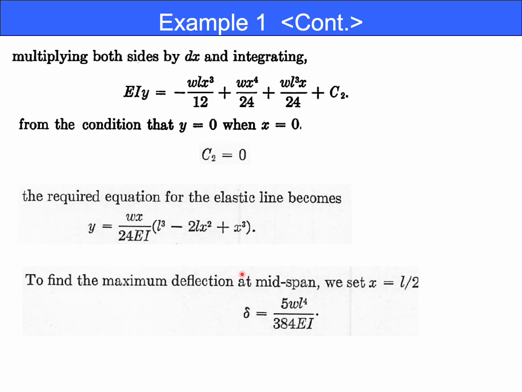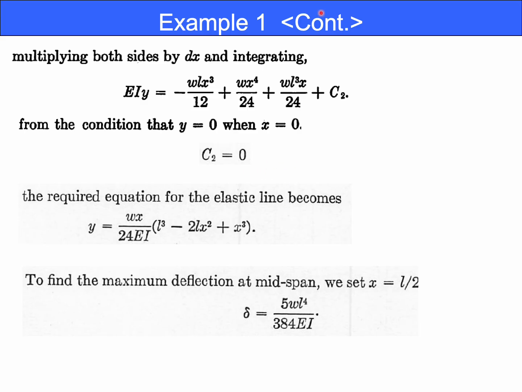Now, we use the support boundary condition at A, the left end, to determine C2. The left end is the point corresponding to x equals 0. Substituting 0 into this expression, you obtain C2 equals 0 as well.